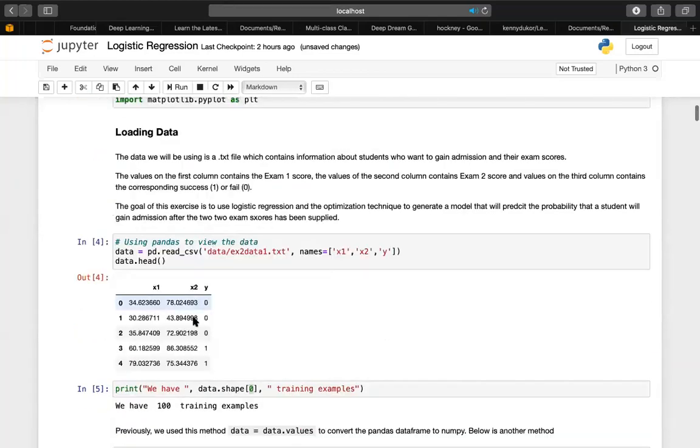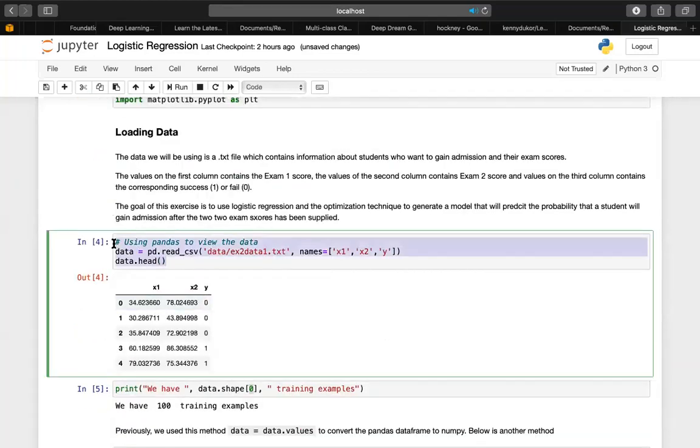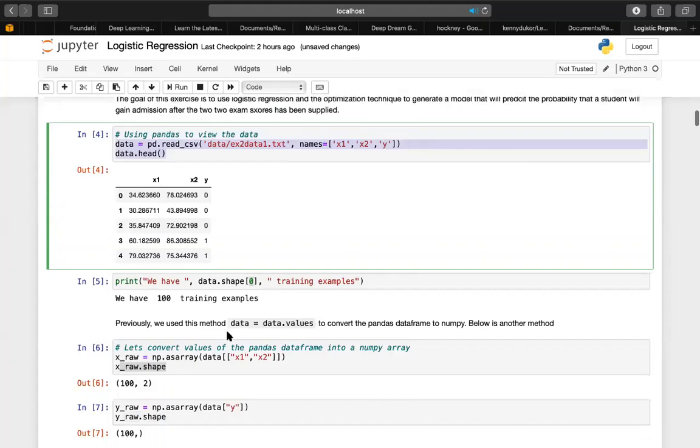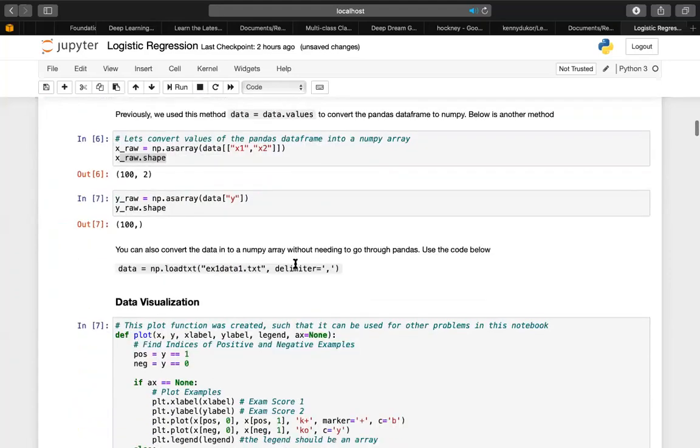So here, I loaded the data into a pandas data frame so we can visualize it, but you can actually just load the data and convert them to a NumPy array straight away. So you can load them with NumPy. See here, I'm saying NumPy.loadtxt.